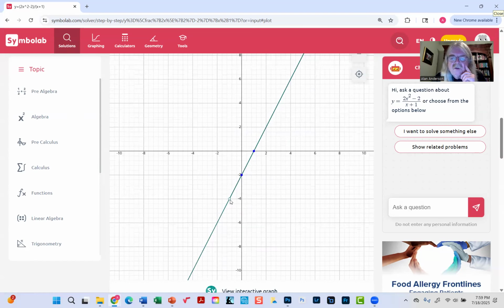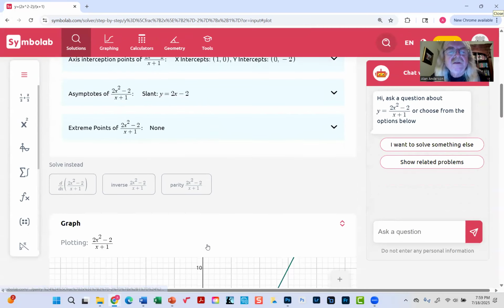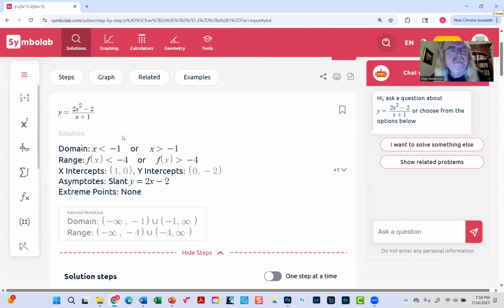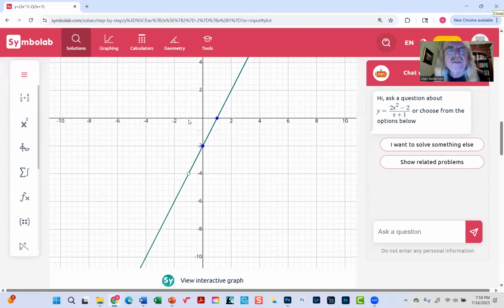Okay. So the discontinuity, this tiny little hole here, is the discontinuity. And there's only that one point at which there is a discontinuity. And of course, that's because if x is equal to -1, we have division by 0. Okay, so when x equals -1 up here, we can see that -1, -4 is undefined.